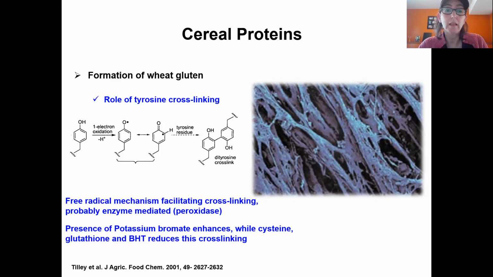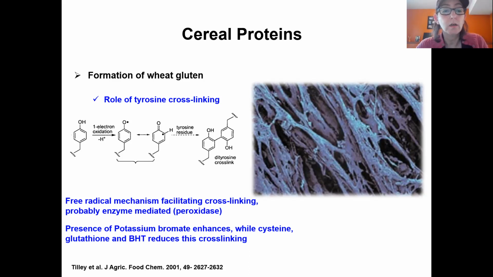And they found that the tyrosine cross-linking is enhanced in the presence of oxidizing agents like potassium bromate. It enhances the formation, while a reducing agent like cysteine counters the cross-linking.